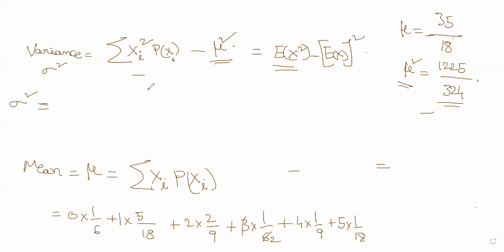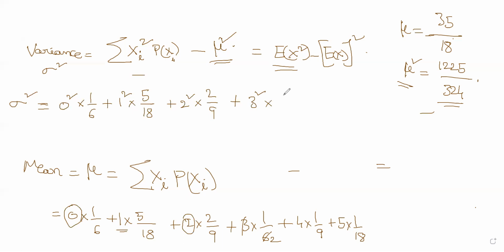So you have to square the x. That means 0 square into 1 by 6, plus 1 square into 5 by 18, plus 2 square into 2 by 9, plus 3 square into 1 by 6, plus 4 square into 1 by 9, plus 5 square into 1 by 18.